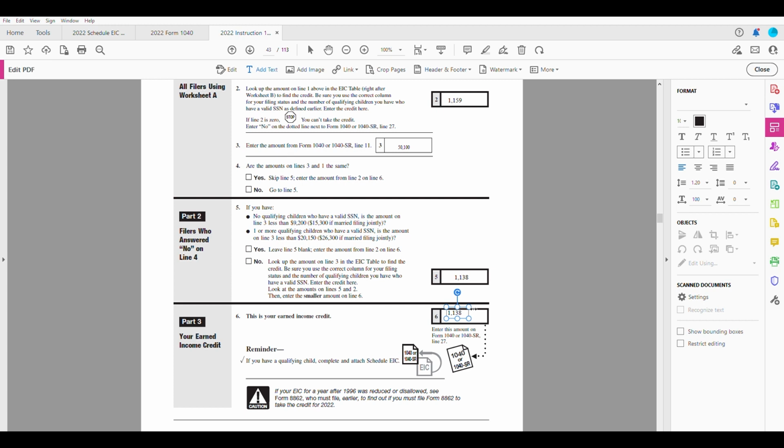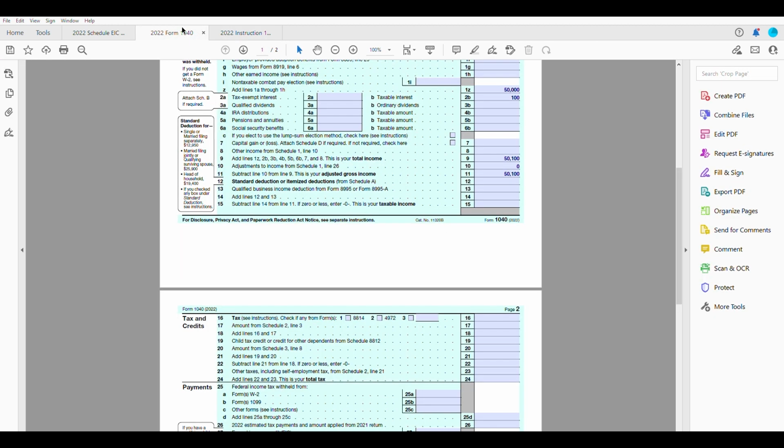And to remind everyone of the example, we had married filing jointly taxpayers. They had 2 children, qualifying children. Their earned income was $50,000, but they also had some interest income of $100, so their adjusted gross income was $50,100, and our total earned income tax credit comes out to be $1,138 for this taxpayer.